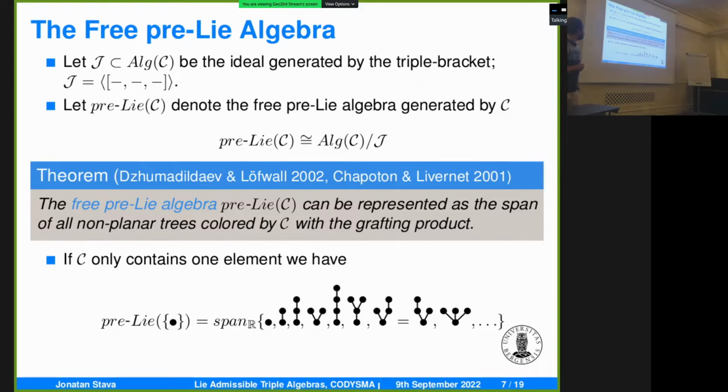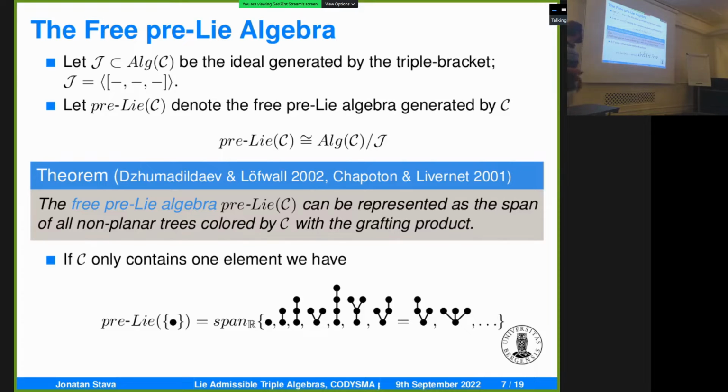Then the free pre-Lie algebra is isomorphic to the free algebra quotiented out by this ideal J. This has been described earlier by Chapoton and Livernet, and also by Dzhumadildaev and Löfwall. They both arrived at the free pre-Lie algebra being represented as the span of all non-planar trees colored by the set C with a grafting product.